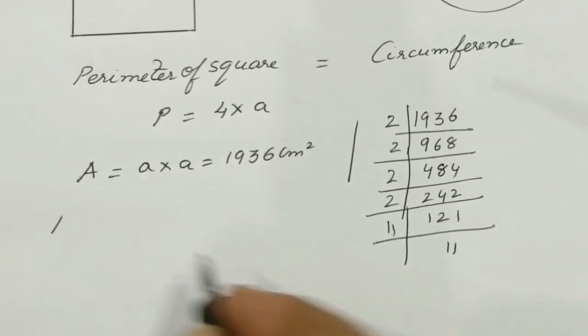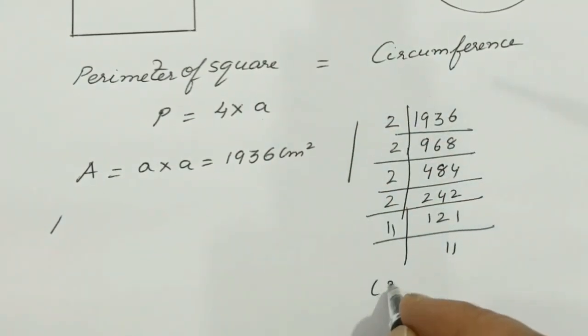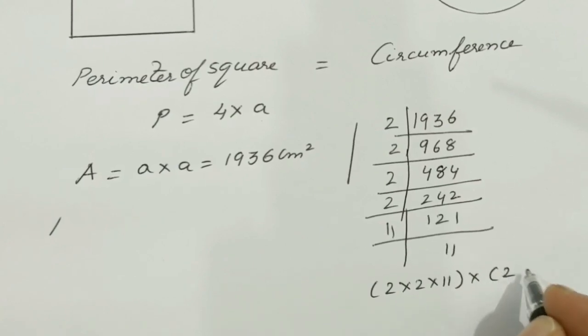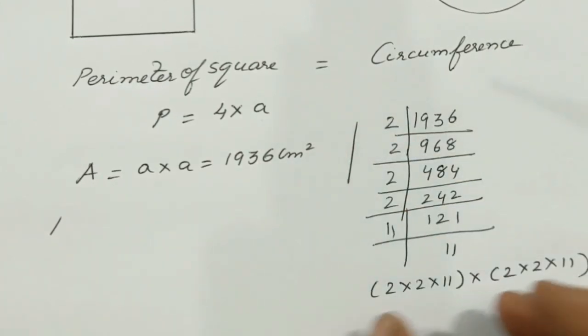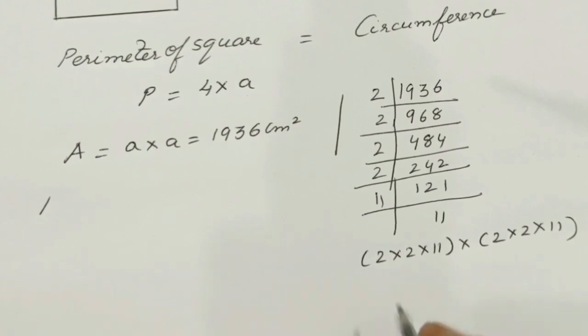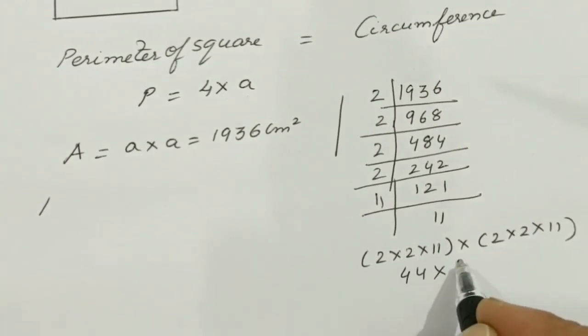So change them into pairs: 2 into 2 into 11 into again 2 into 2 into 11. I have written them as sets of two numbers of the same values. Now 2 into 2 into 11 is 44, into 44.